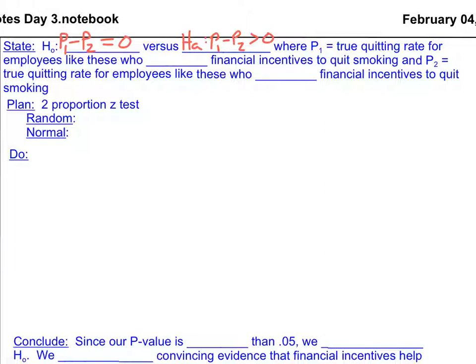So P1 has to be the employees that had financial incentives. P2 are those that did not have incentives. Two proportion z-test at alpha 0.05. Okay?